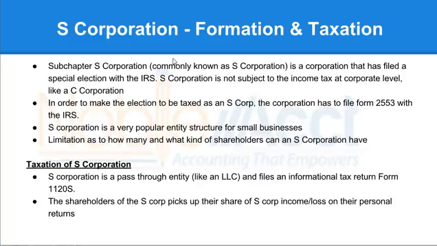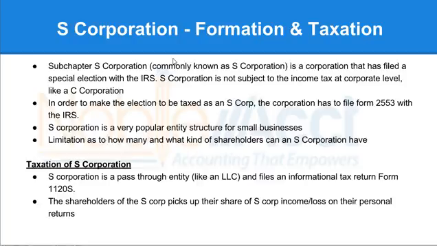In order to get the election for subchapter S corporation, after completing all the steps that we discussed on the second slide, the business owner or the corporation has to file Form 2553 with the IRS, and once Form 2553 is approved by the IRS, the business is now an S corporation and will be taxed as an S corporation.